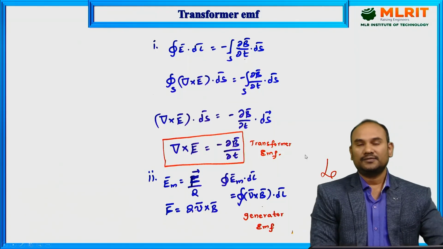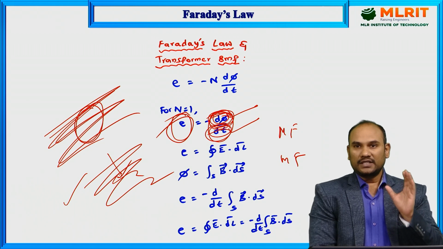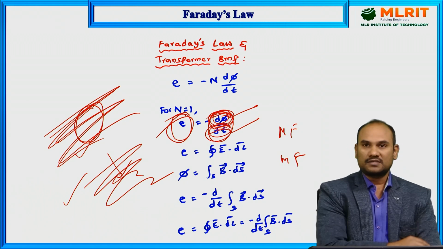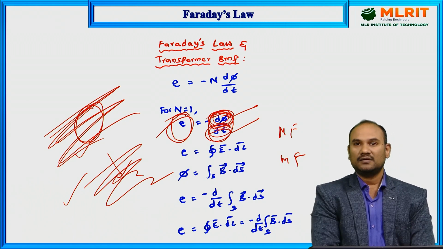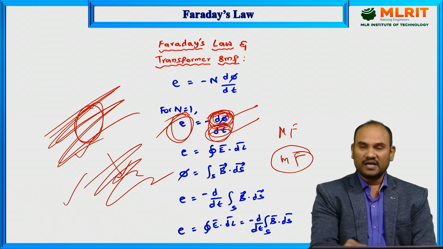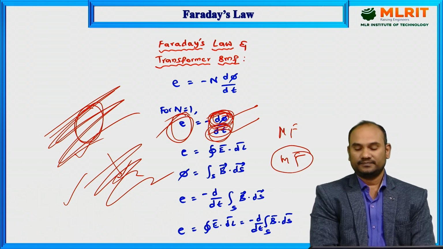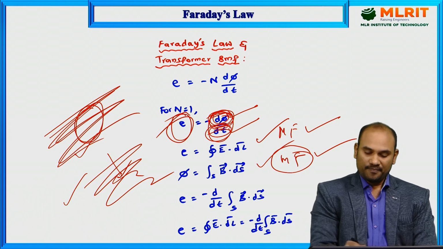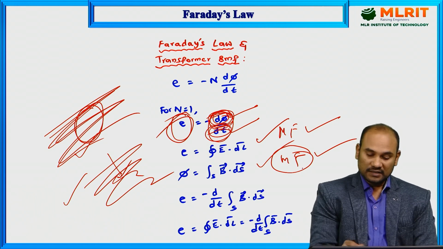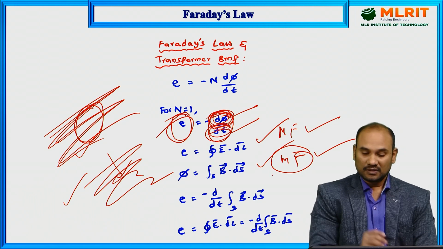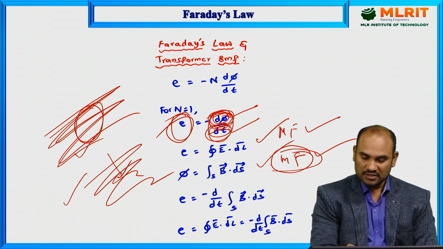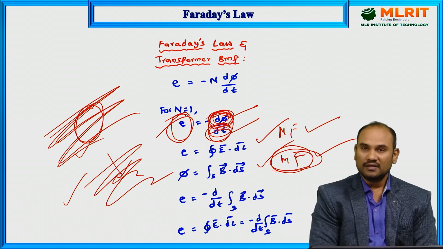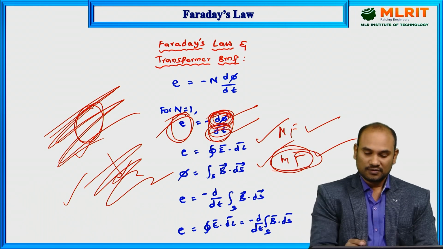Now the thing is that the actual magnetic field in which the conductor is being placed is called the primary magnetic field. At the end, you are getting another magnetic field, that is called the secondary magnetic field. So this is the source, this is the result. This is primary, this is secondary. Both are magnetic fields, but the direction of current that is producing this magnetic field is opposite to this.